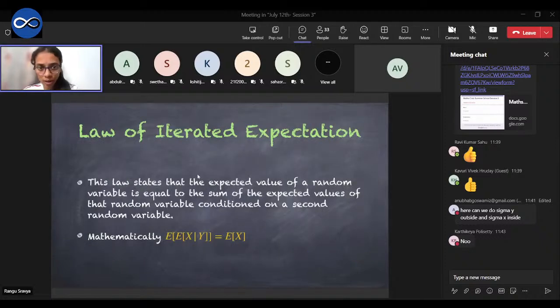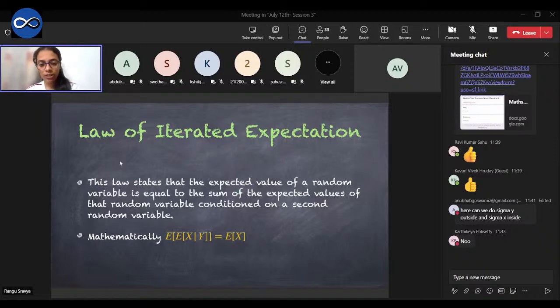Now let us look at the law of iterated expectation. This law states that the expected value of a random variable is equal to the expected value of the expected values of the random variable conditioned on a second random variable. Mathematically, E of E of x given y is equal to E of x. Orally, I'll explain how you get this. E of x given y is nothing but a function of y.